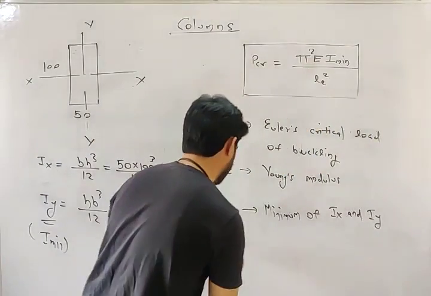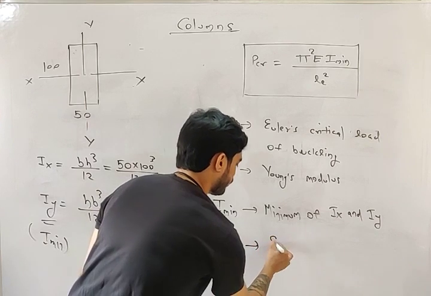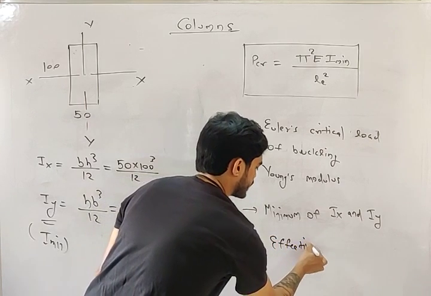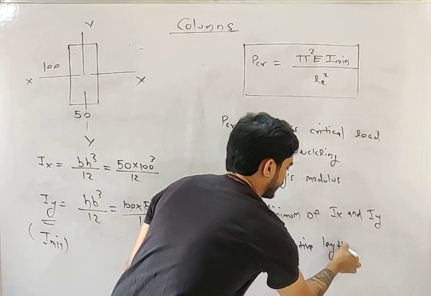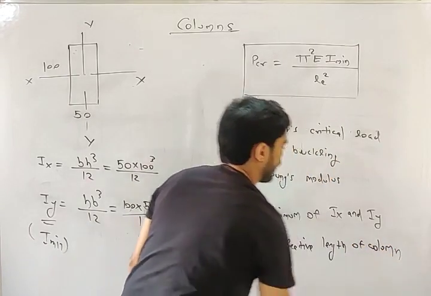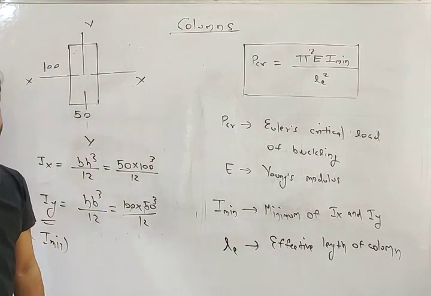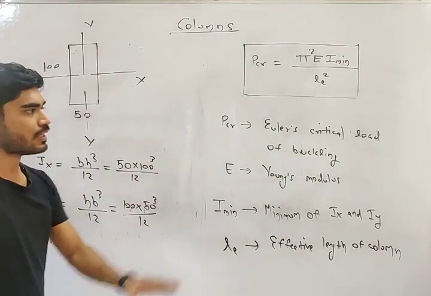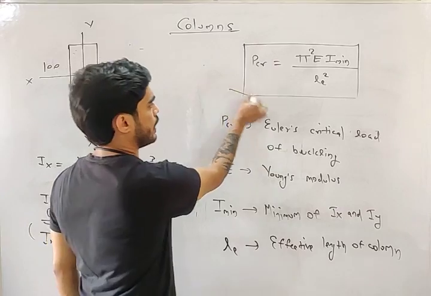Now, my friend, a very, very important point: LE, which is known as the effective length of column. Now I want you to note this equation down.